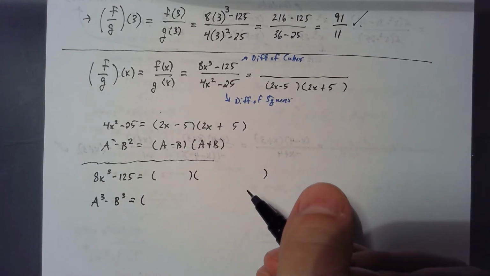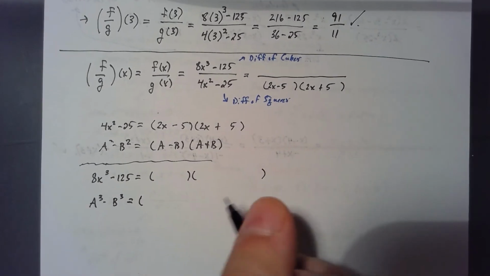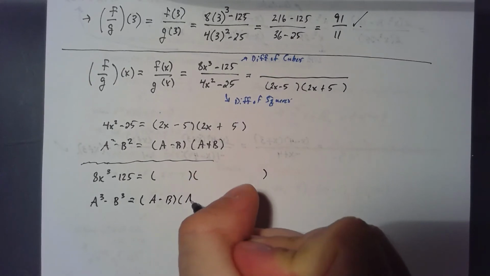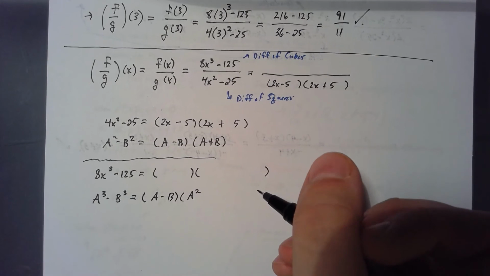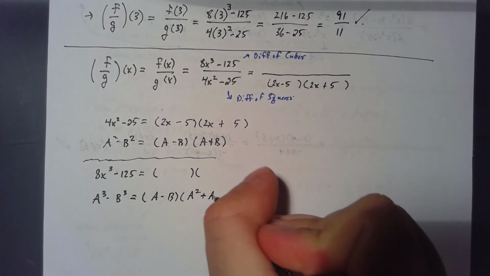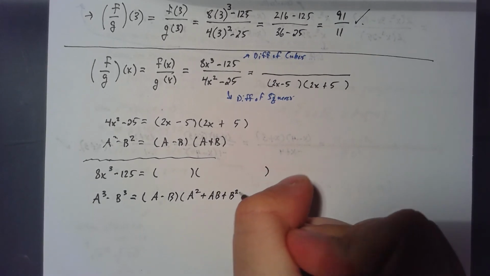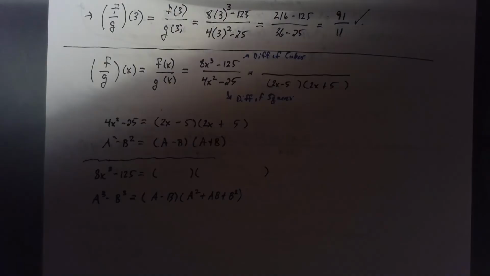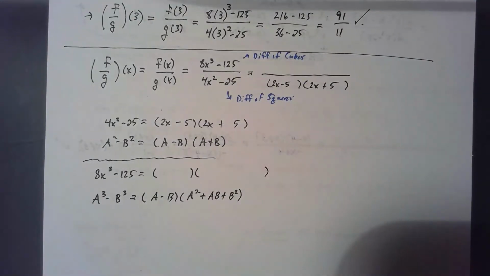I think in chapter 6 when we did factoring, it's a minus b times a squared plus ab plus b squared. And again, just look in your notes. It's there. You just got to find it.